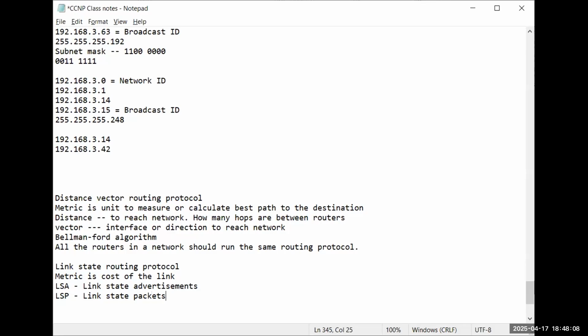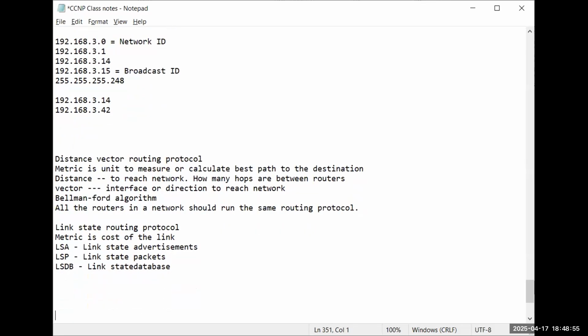As a router receives an advertisement from a neighbor, like with distance vector, it stores it in the local routing database, but here we call that database the LSDB, the link state database.